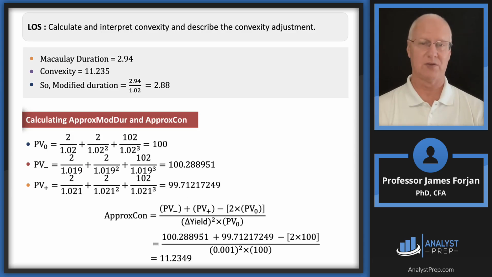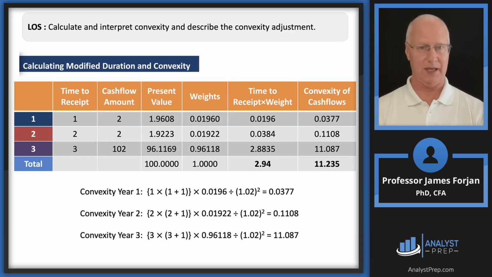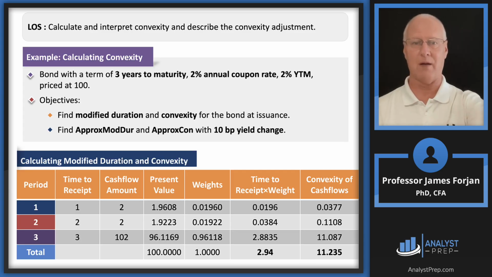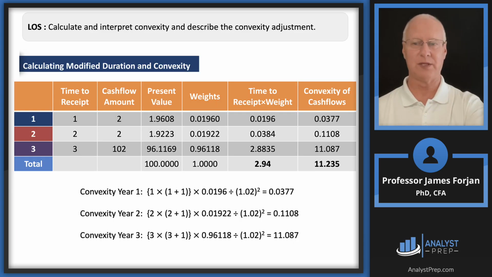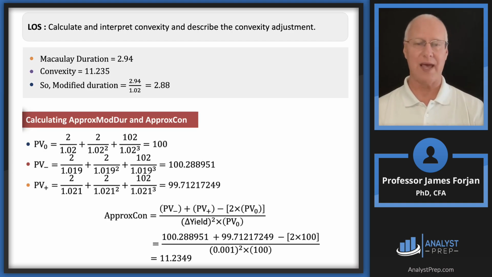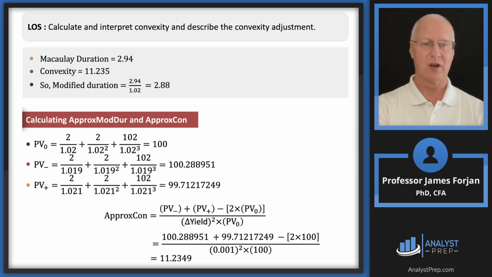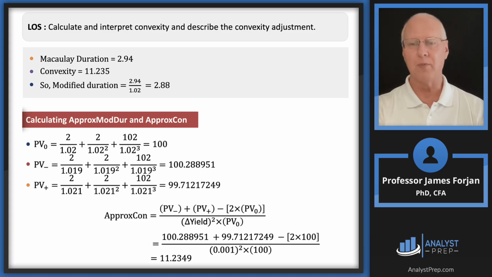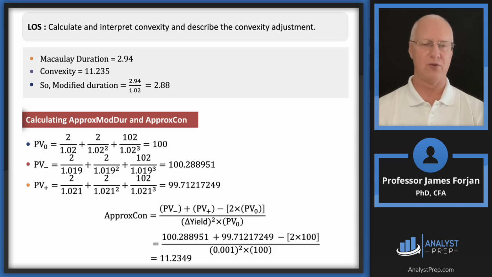So here's my advice on the exam. I'm guessing that sometimes the Institute might give you the problem just like this, 2%, 2%, and ask you to put together this table. And sometimes the Institute might say, hey, here's the current price of 100, here's two possible future prices, 100.28, 99.71, in which case then you can use this equation.